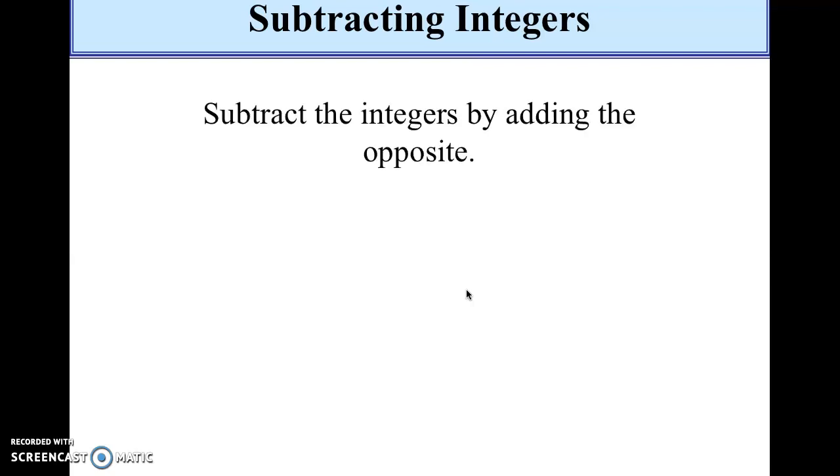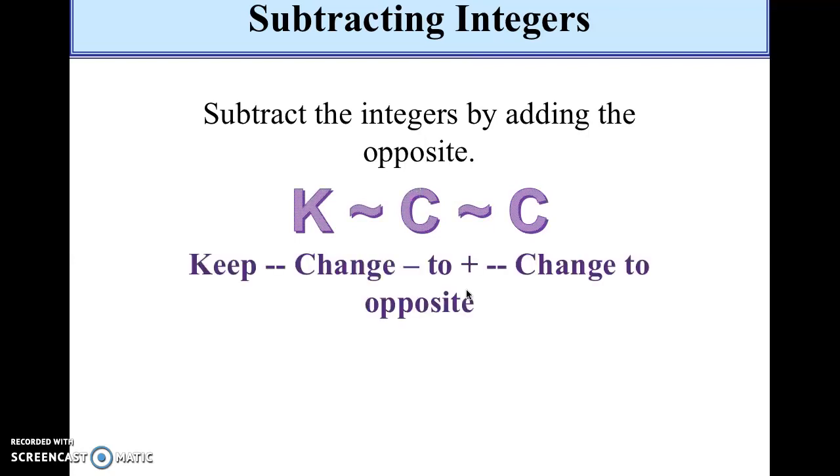So for subtracting integers, we're actually going to turn our subtraction problems into addition problems. Instead of subtracting, we're going to be adding the opposite, and I call this KCC, also known as keep, change, change. We're going to keep our first integer, change the sign from subtraction to addition, and then change the second integer into its opposite.